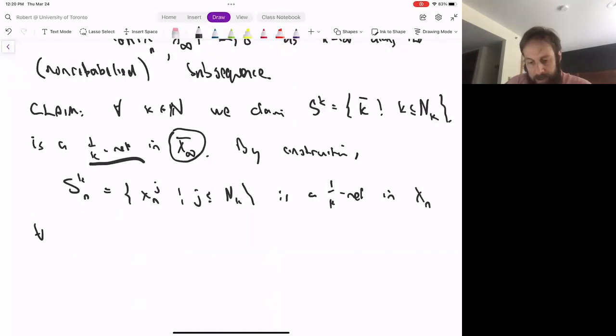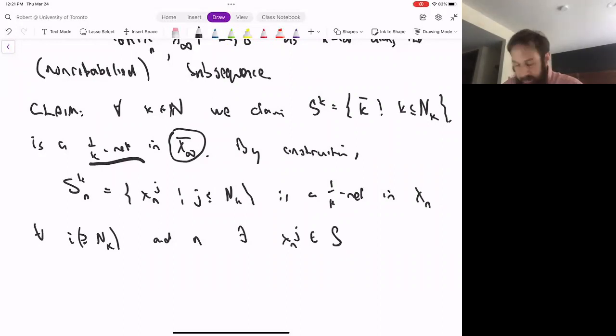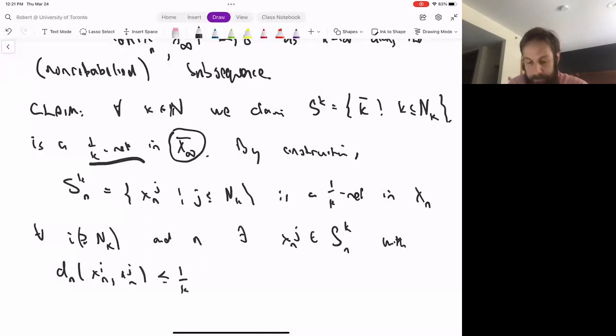So for every i bigger than n_k, and n in the subsequence, there exists an x_j^n in S_k with the d_n distance between x_i^n and x_j^n less than 1 over k.